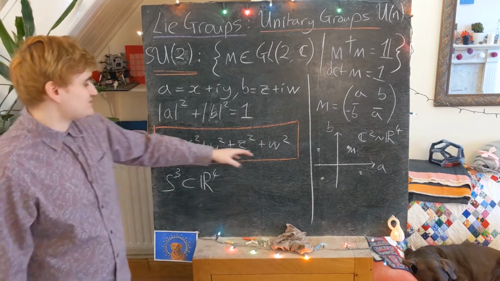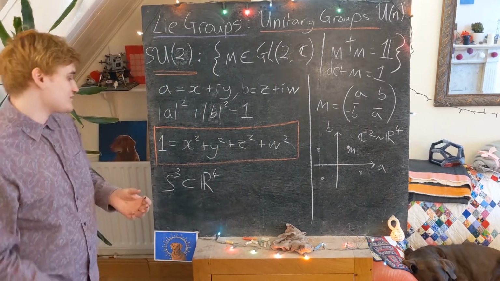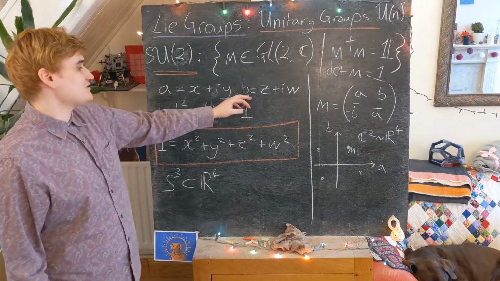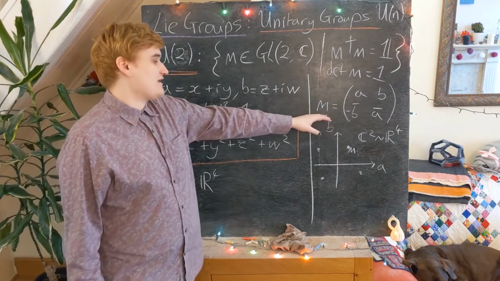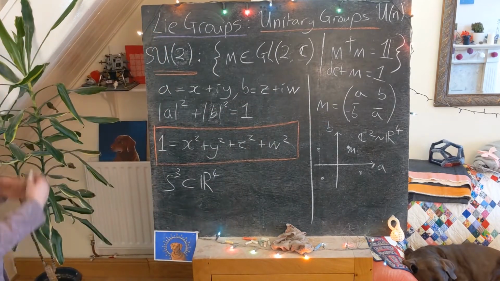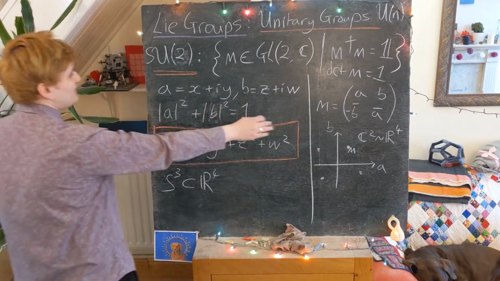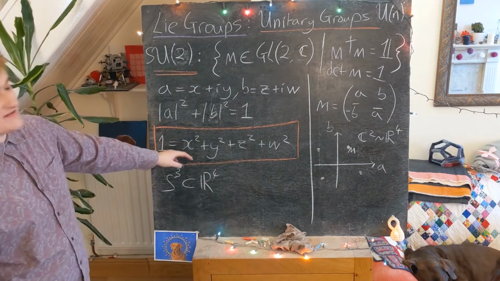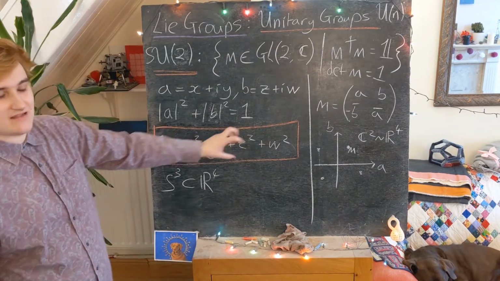So this is now telling us that any point x, y, z, w in 4-dimensional space that satisfies this condition is going to correspond to, well, first of all, 2 complex coordinates, which then corresponds to an SU2 matrix. And so all the elements of SU2, all the possible coordinate values that these A and B's could possibly take, are going to lie somewhere on this solution condition.